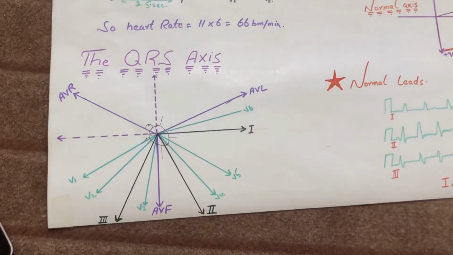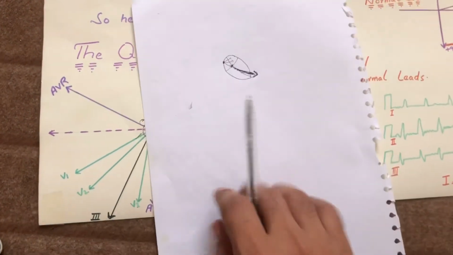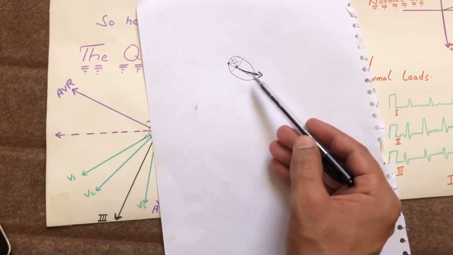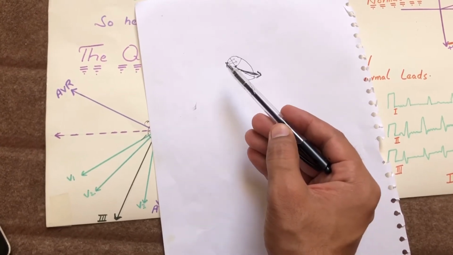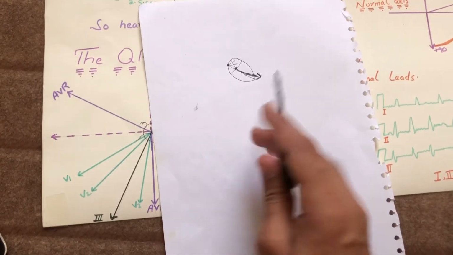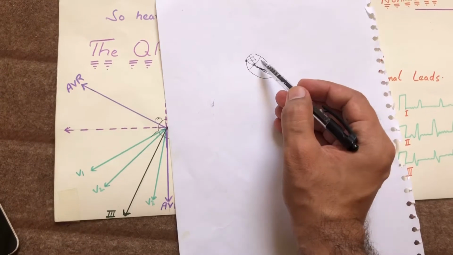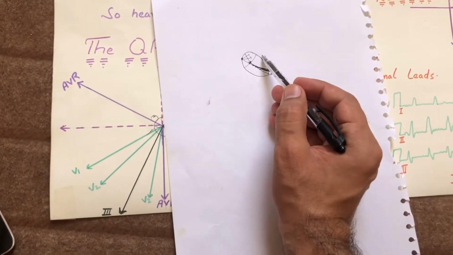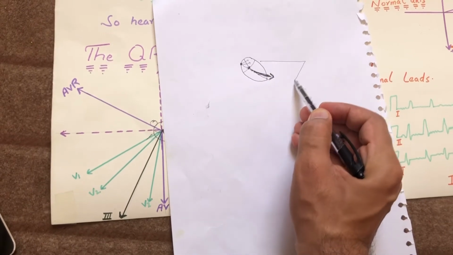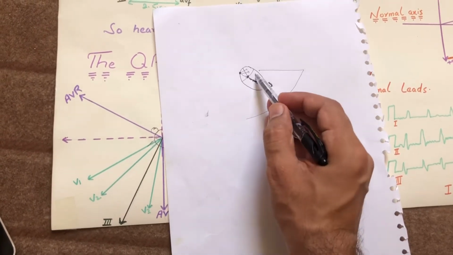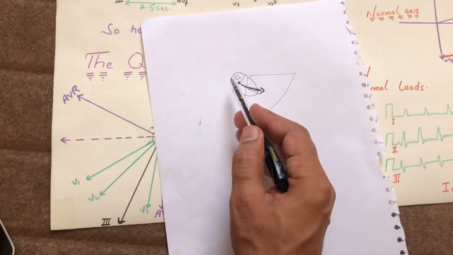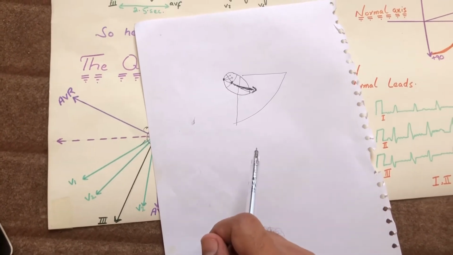Or I can show you it on a paper. This is the normal axis, how the heart is lying in a 4-quadrant plane and how the action potential goes. Now if you want to study the normal axis, you can study it from this area, because that's how the action potential comes down.